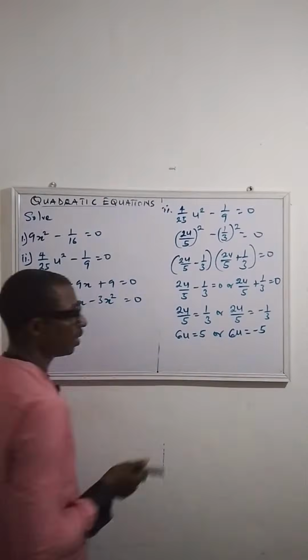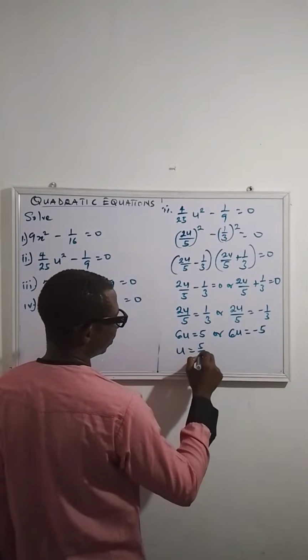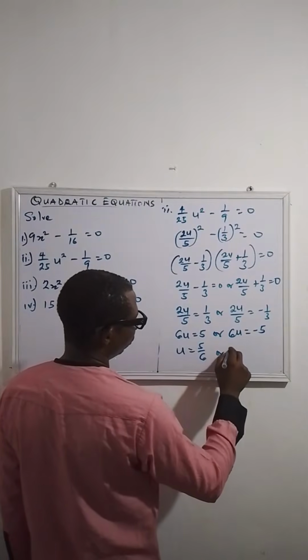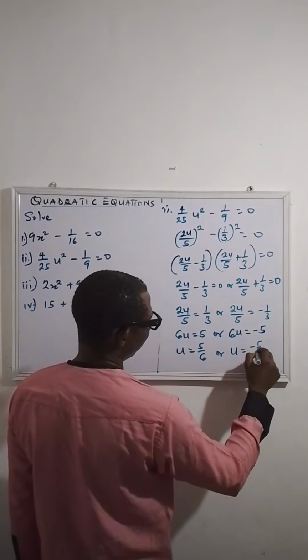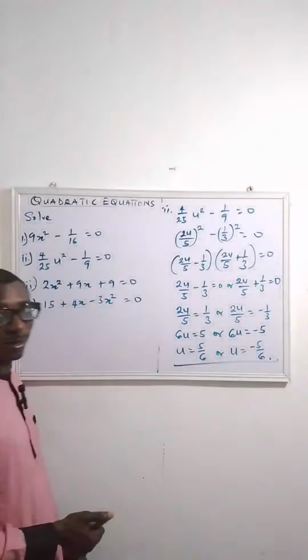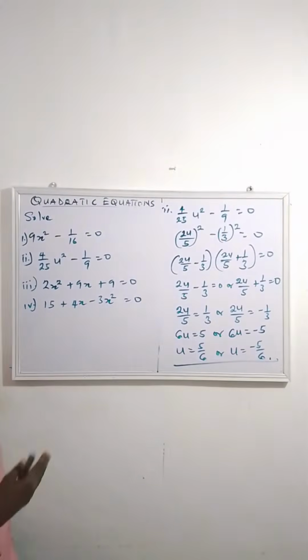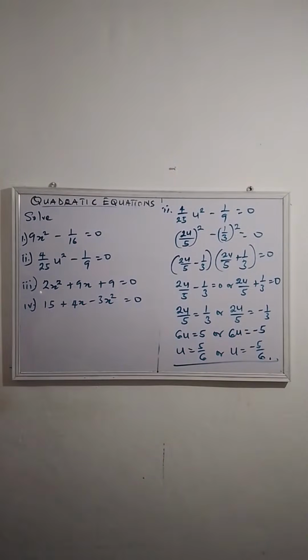Here you can divide both sides by 6. You have u equals 5 over 6, or u equals negative 5 over 6. These are the answers. Do you get that now? So that is how to solve this type of problem.